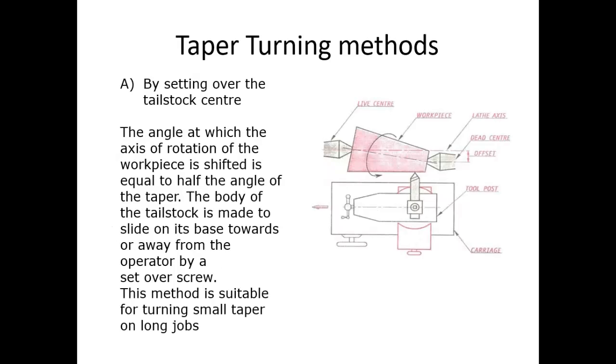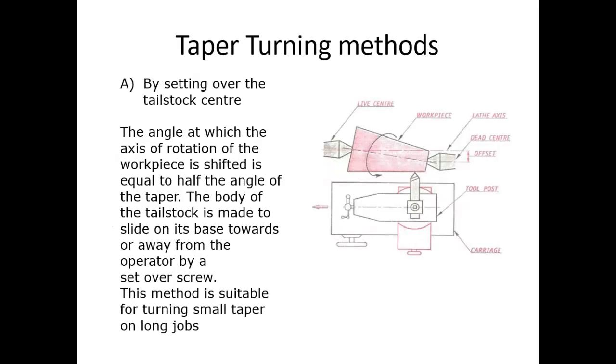In taper turning we have two types. The first one is taper turning by setting over the tailstock center. It means either I can mount a workpiece in the lathe axis and change the tool, or I can fix the tool and tilt the workpiece. Either way I can get the taper on the workpiece.